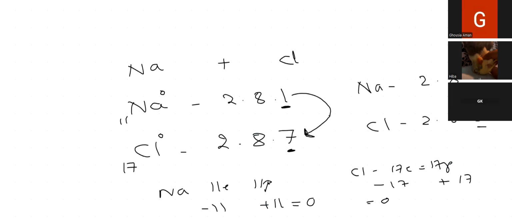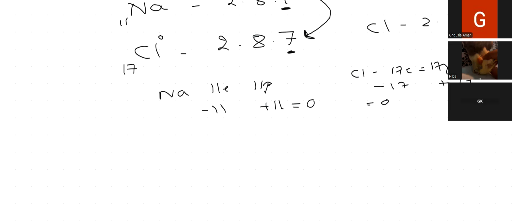But after the chemical reaction, now sodium has lost 1 electron. So now it has got 10 electrons, but the number of protons is still 11, because protons are deep inside the nucleus. They cannot move here and there. So 10 electrons means -10, 11 protons means +11.